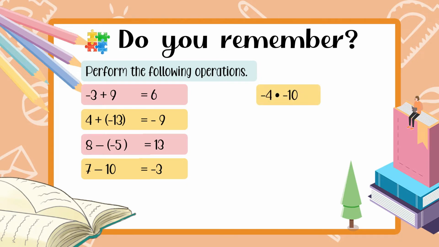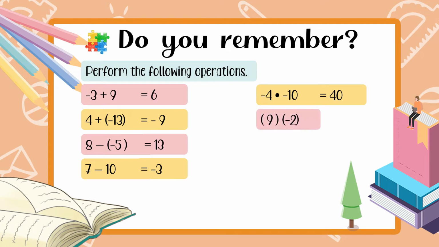Next, we have negative 4 times negative 10. So, kapag tayo ay mag-multiply ng parehong signs, the product should be always positive. So, 4 times 10 is 40. And since they are both negative, the answer is positive 40.